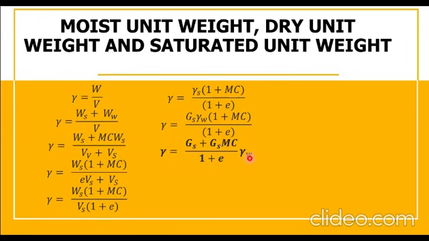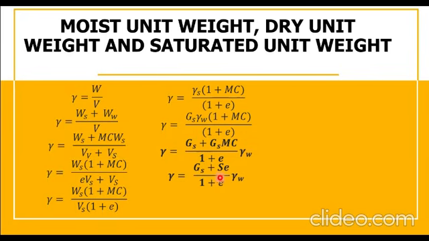Or most of the time, disregard the S because we know that this is the specific gravity of the soil. So G plus G MC over 1 plus E times unit weight of water is already acceptable.